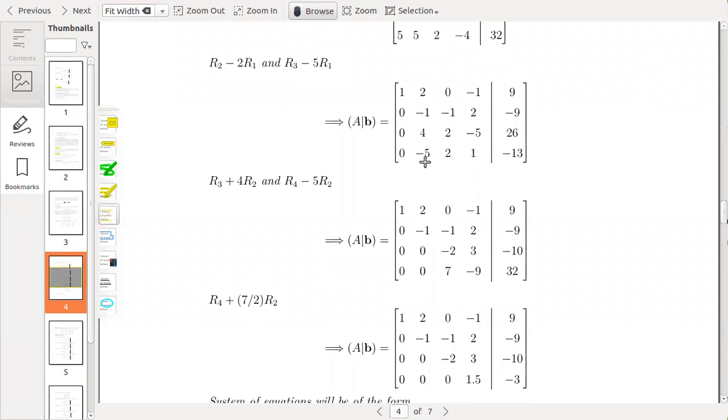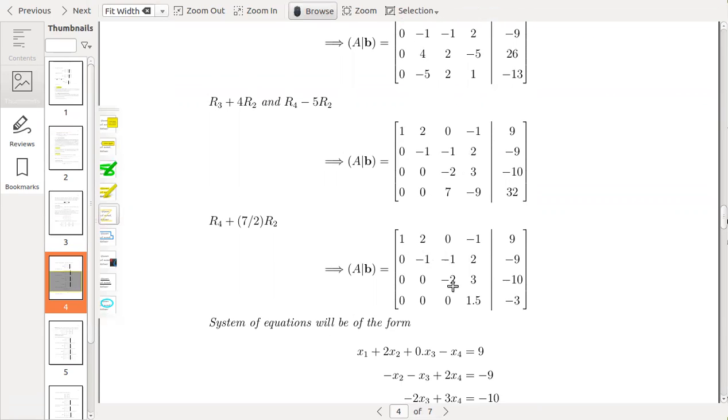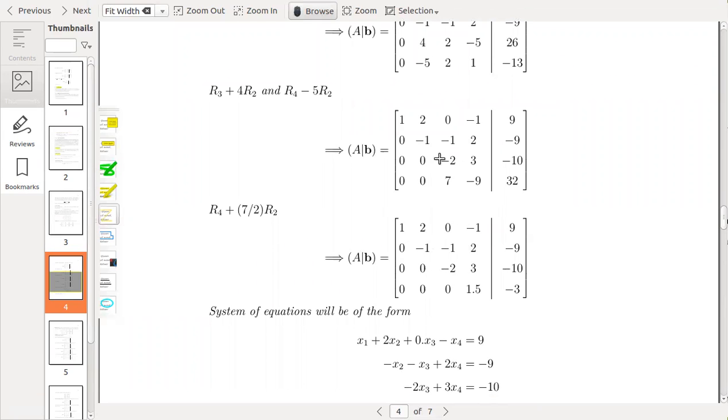but we need to perform further operations with the second pivot element, which is -1, because this is the second diagonal entry. Okay, so then we perform the operation and we have reduced this entry 4 to 0 and -5 to 0. So now the operations on this second column are completed. Next, we will consider -2 as the third diagonal entry and the pivot element.